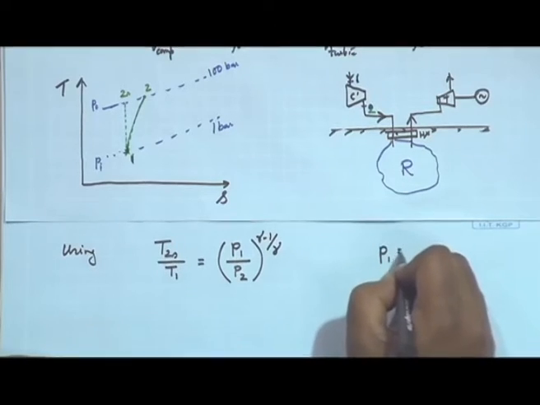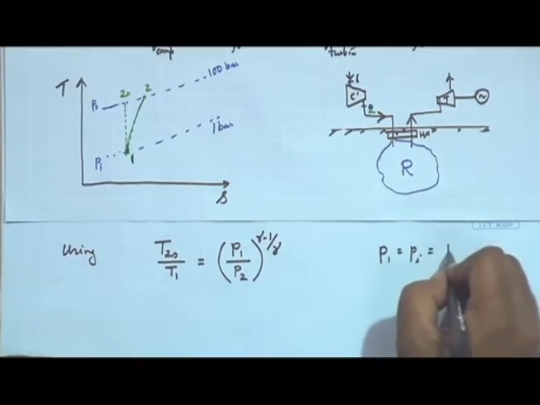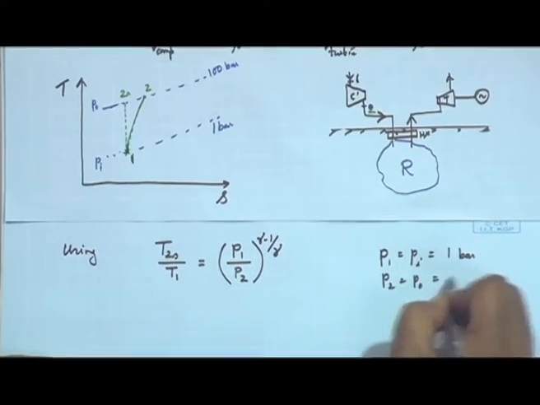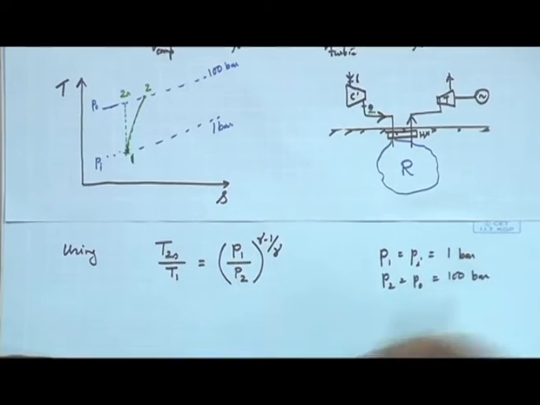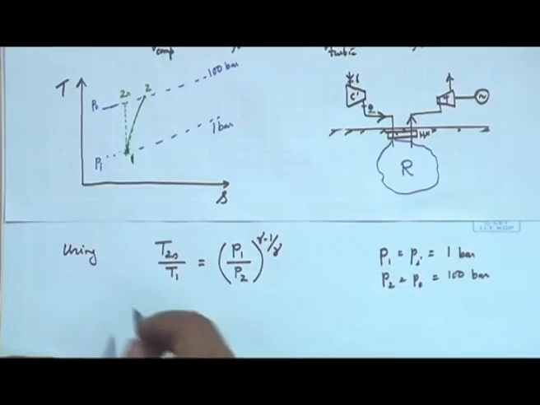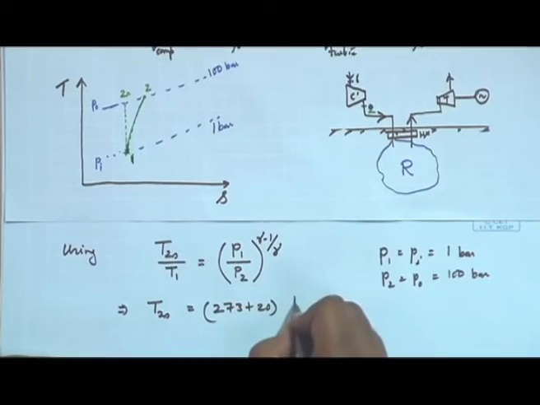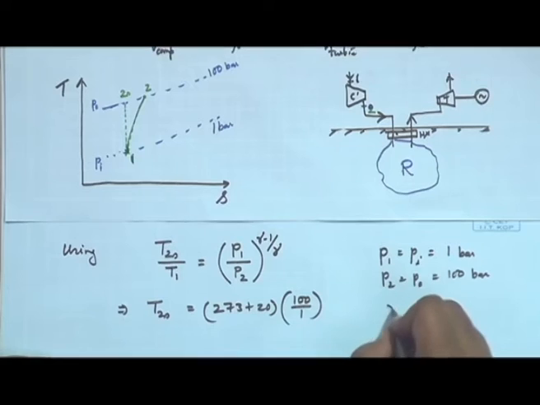Okay. P1 is equal to P inlet is equal to 1 bar, P2 is equal to P outlet is equal to 100 bar. So, therefore, this gives, I will quickly just go through 273 plus 20, remember these are absolute temperatures, times 100 over 1, and for air, gamma for air we know is 1.4.